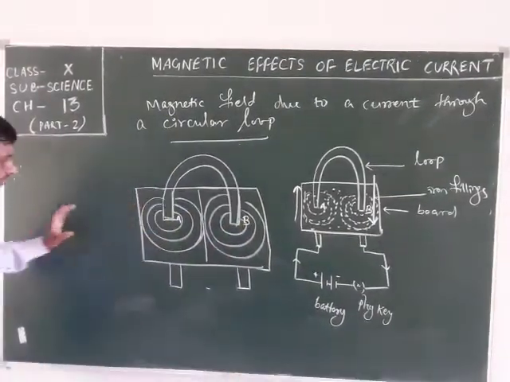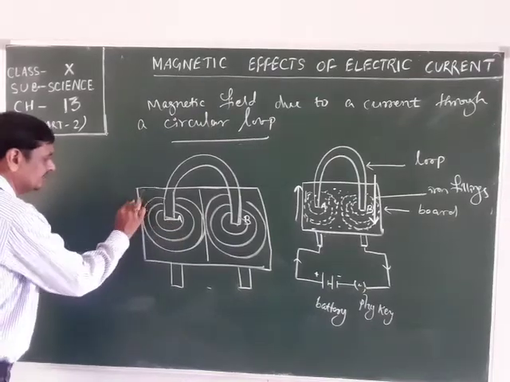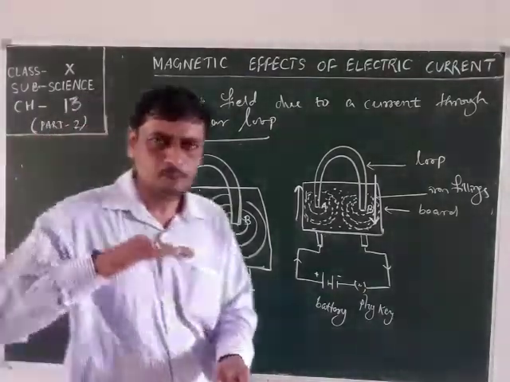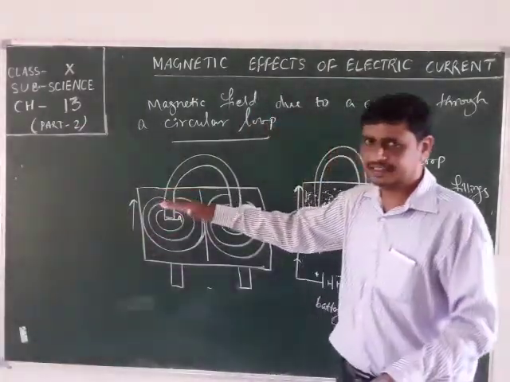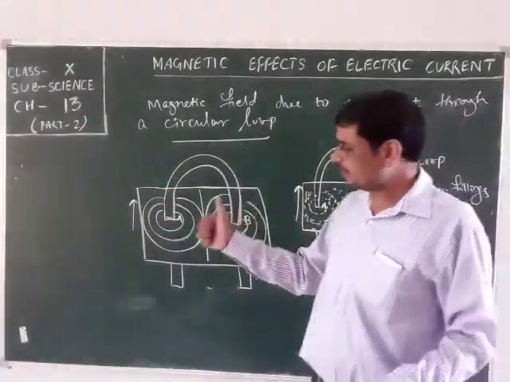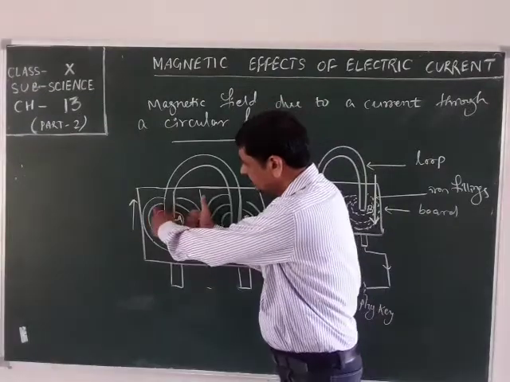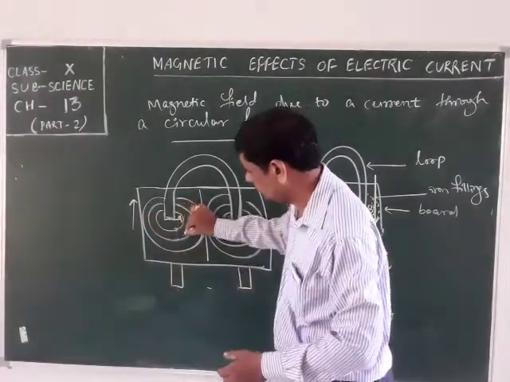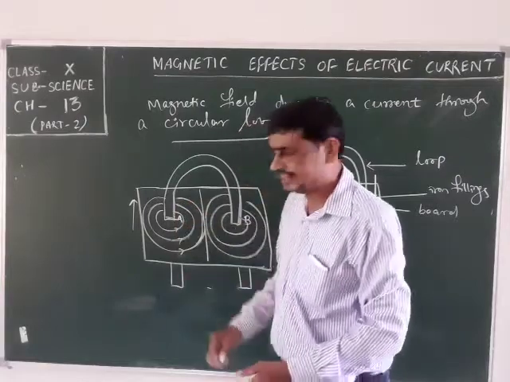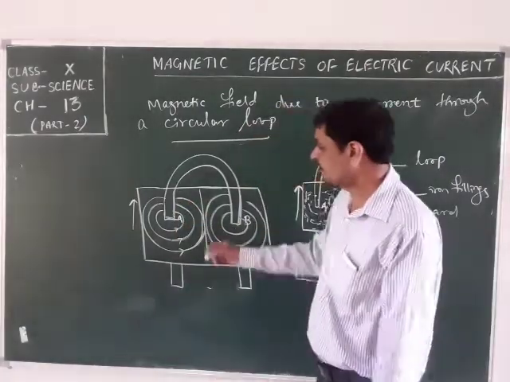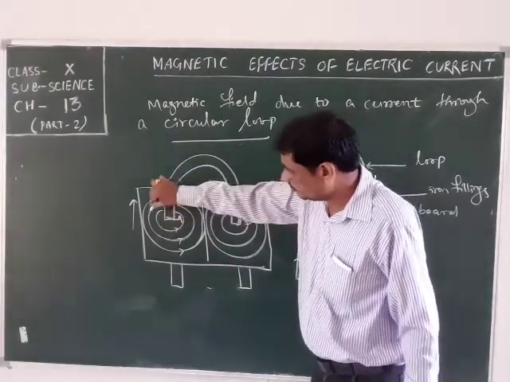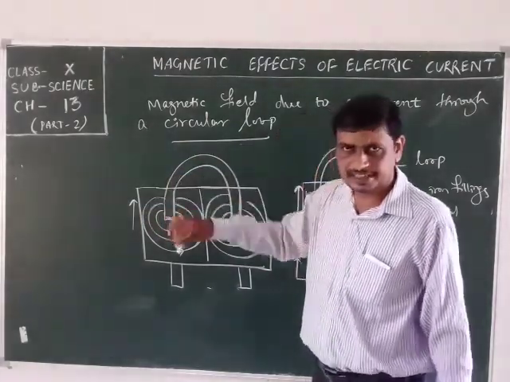Here, current is flowing in upward direction. Since current is flowing from bottom to top, according to the right hand thumb rule, the direction of field lines is anti-clockwise.